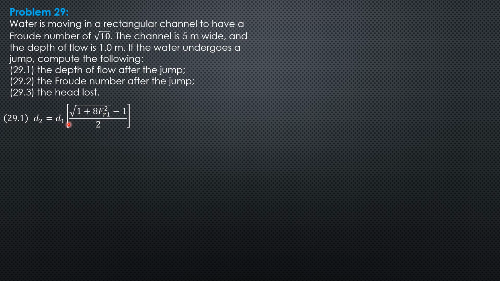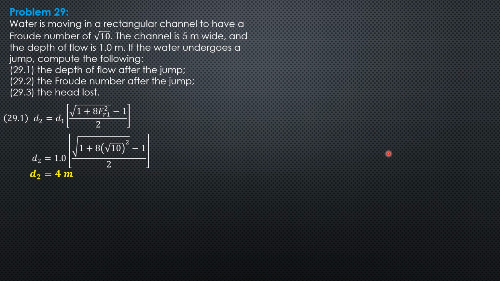Since depth 1 is given as 1, we can compute depth 2. So 1.0 times square root of 1 plus 8 times square root of 10 squared, minus 1, all over 2. So this is square root of 81, which is 9, minus 1, so 8 over 2, 4 times 1. So depth 2 is 4 meters.